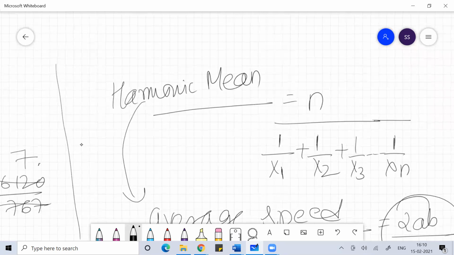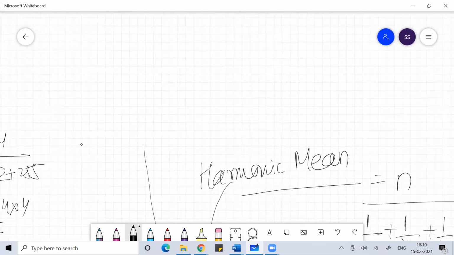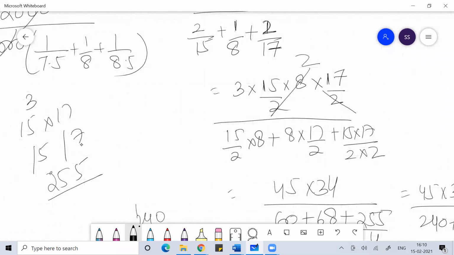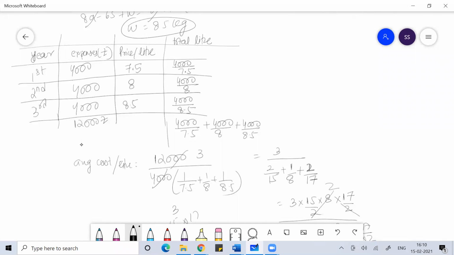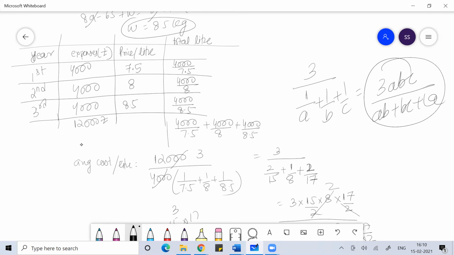We used the same logic of harmonic mean here to solve this question. Here three data were given, so 3 divided by 1 by a plus 1 by b plus 1 by c. That gives you a formula, 3abc by ab plus bc plus ca. Depending on that, you can solve to get the answer.